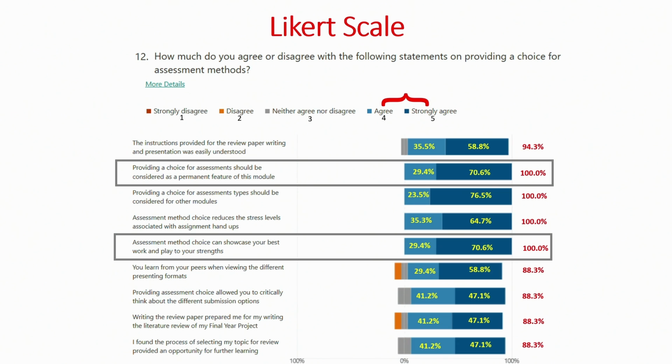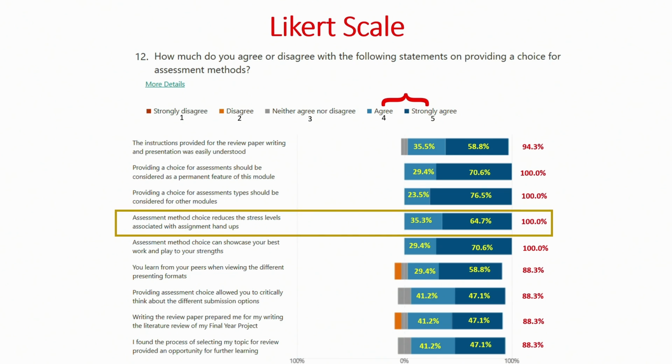Another two that came up on top of this list were providing a choice for assessment method should be considered a permanent feature of this module, and assessment method choice can showcase your best work and play to your strengths. And one more that was up there as well, assessment method choice reduces stress level associated with assignment hand-ups.